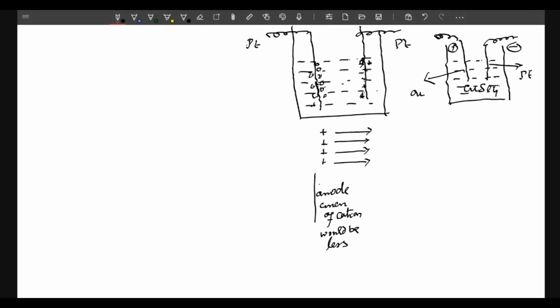You can extend this discussion to the anode also. After electrolysis, in the cathode compartment, anions are depleted. Therefore, after electrolysis, around the anode the cation concentration is decreased, and around the cathode the anion concentration is decreased.